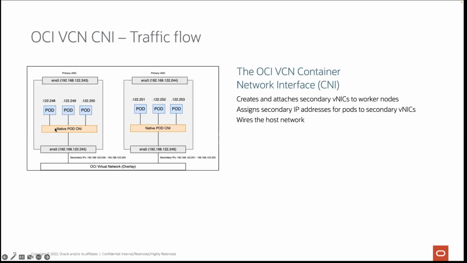But let's say this pod in worker node 1 wants to talk to a pod in worker node 2. The traffic would be handled by the native pod CNI, and the native pod CNI would determine that this pod is not local to this particular worker node. Hence, the traffic would go out of the VNIC and be handled the same way as the traffic between two virtual machines is handled in a virtual cloud network.